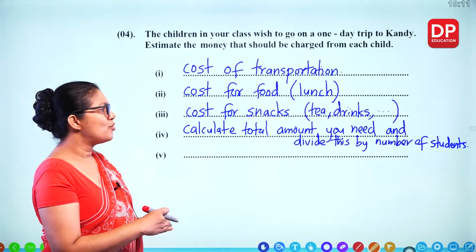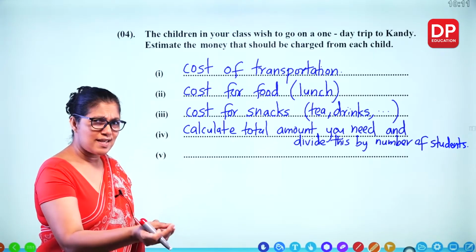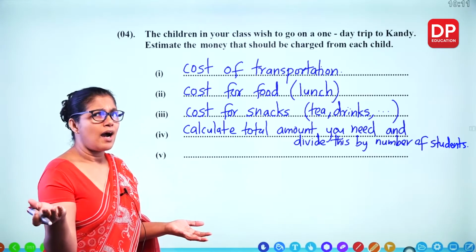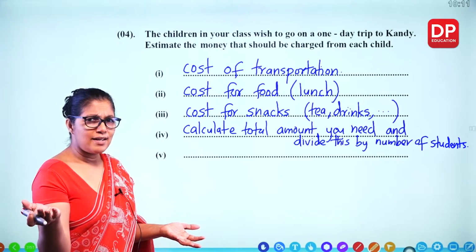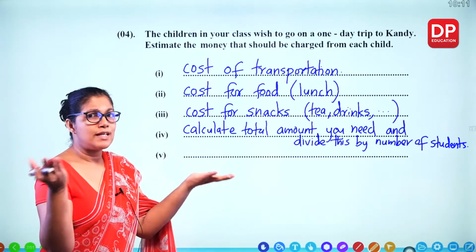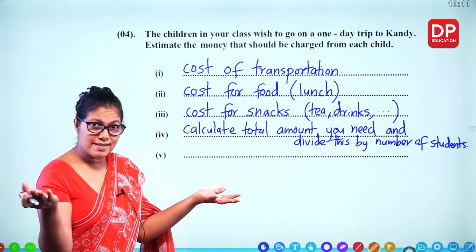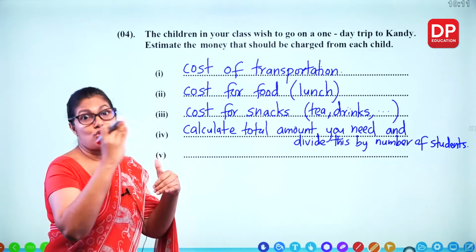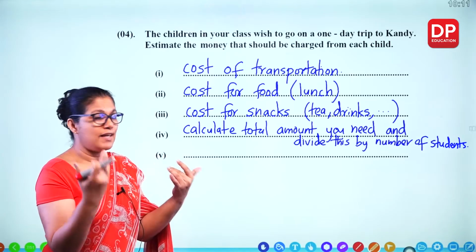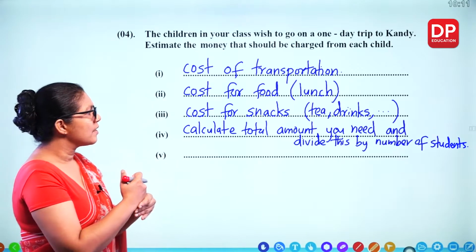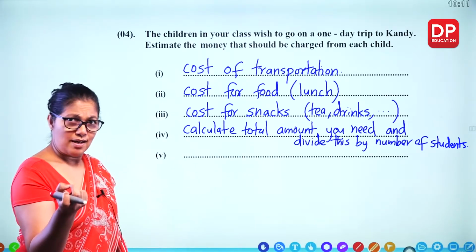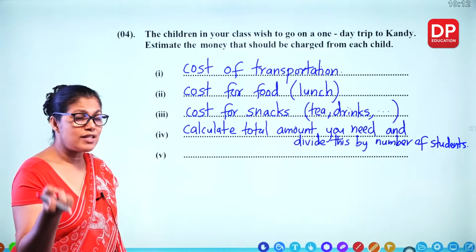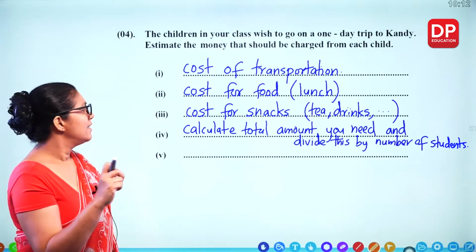Then what you do, you are not charging the same amount. If it's 127, so the teacher, or if the total is 200 something, 230, then the teacher will say, okay, 250. We can collect from each student about 250 rupees, not less than that.